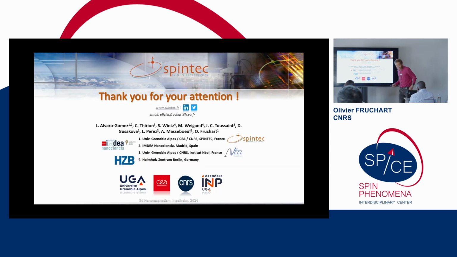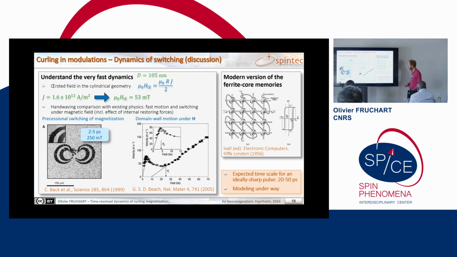And also on domain wall motion with the magnetic field, if you put in the precessional speed, it is of the proper order of magnitude. So we do not pretend at all that we will make some memory, but again, it is very funny that we are reviving concepts like the ferrite core memories that were really used in computers in the early days, and we are nowadays playing with very small things.